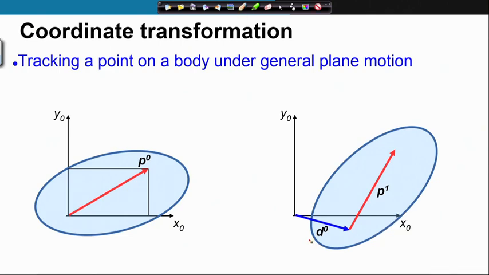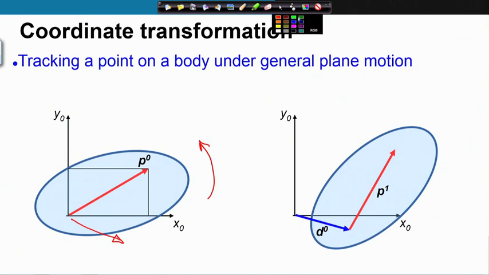Here I have shown you a body which is not only rotating, but also translating. I have this point P on the body and a point, let us say Q, sitting at the origin. Now, this point Q has moved to this point under this general motion and P has moved here.